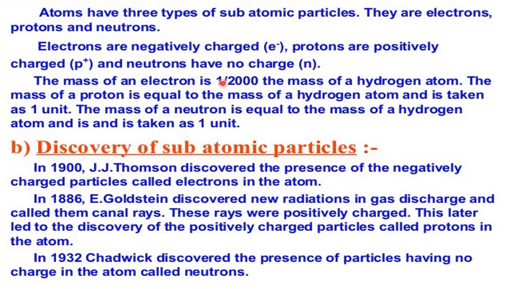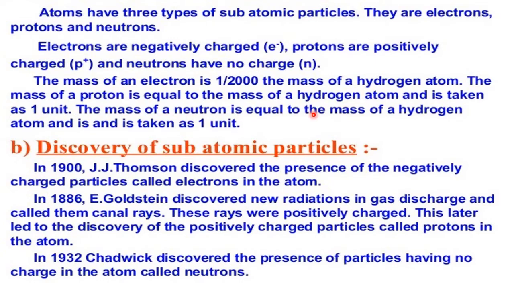The mass of an electron is 1 by 2000 the mass of a hydrogen atom. The mass of a proton is equal to the mass of hydrogen atom. That means the mass of electron is 1 by 2000 the mass of a proton. Hydrogen atom and proton have the same mass and it is taken as 1 unit.